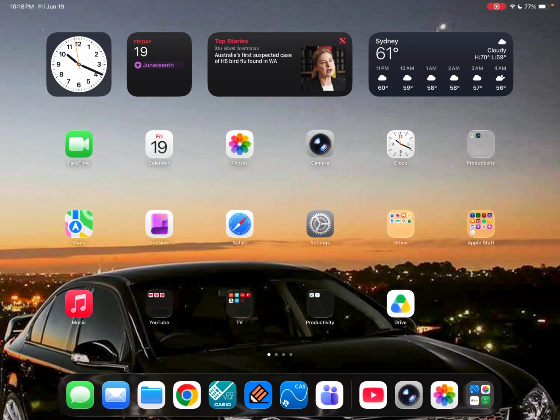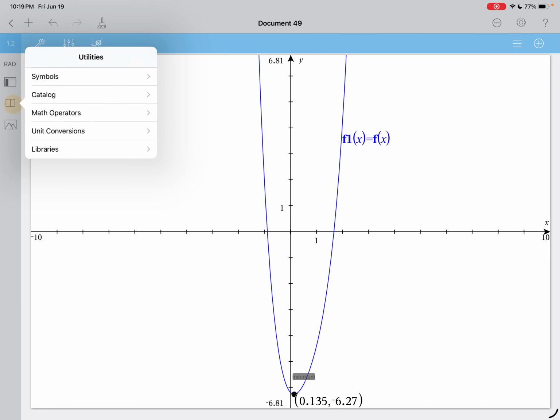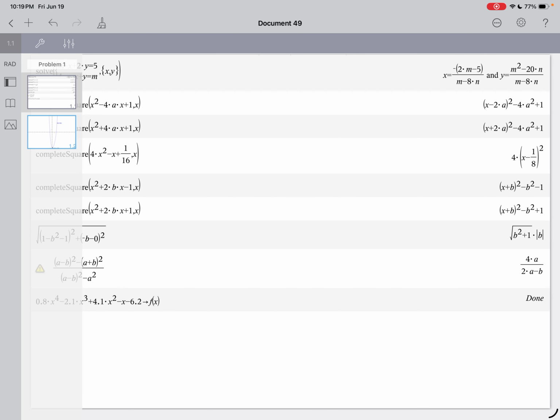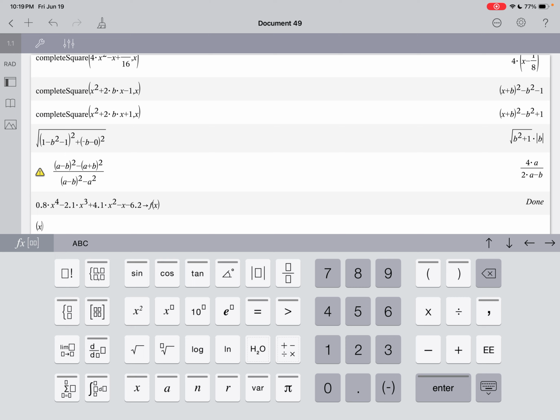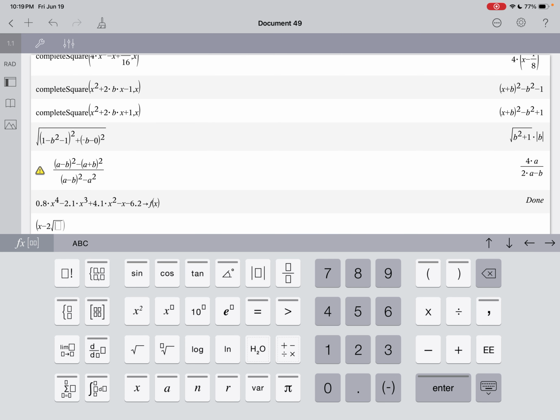Now it says to give it in expanded form, so let's just do that in the CAS. So x minus 4 root 2 anyway, I think. Times 2x minus 4 root 2, times 2 root 2.